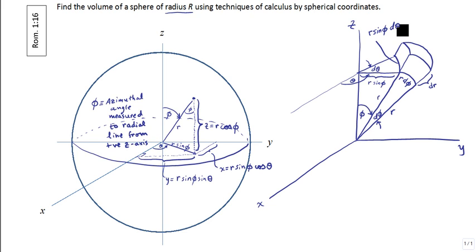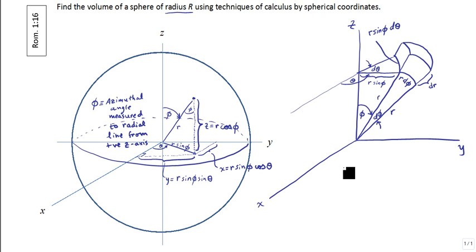Great. So now we have all the pieces to the puzzle for the volume element. We've got the height of dr, and we've got these two arc lengths. One is r d phi, and the other is r sine phi d theta.